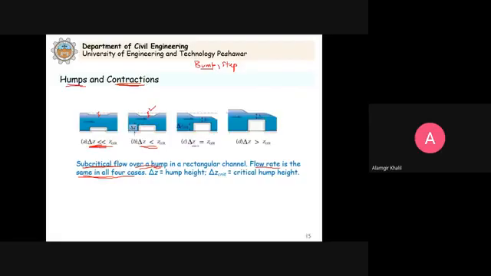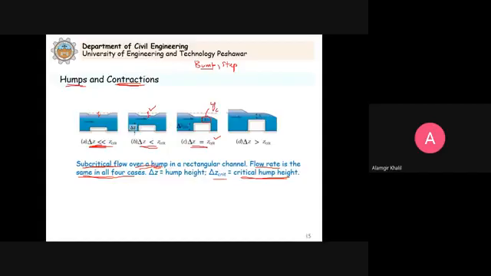Now when the height of the hump is equal to the critical hump height, this delta Z critical is known as the critical hump height. What is the critical hump height? It is the height of the hump which will cause the critical depth to occur, establishing the critical depth over the hump. This is YC. You see this depth is decreasing.